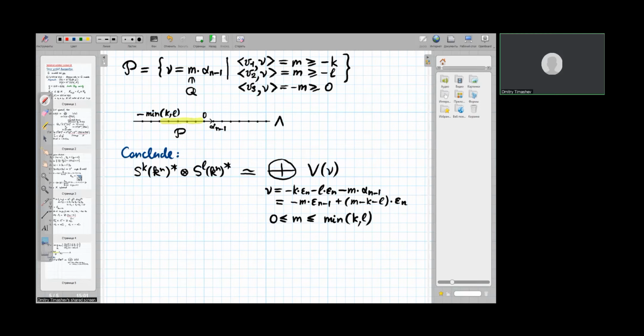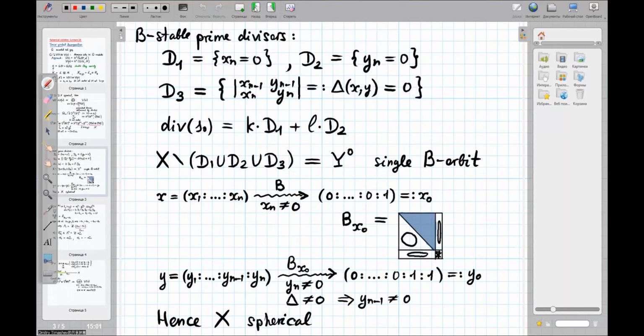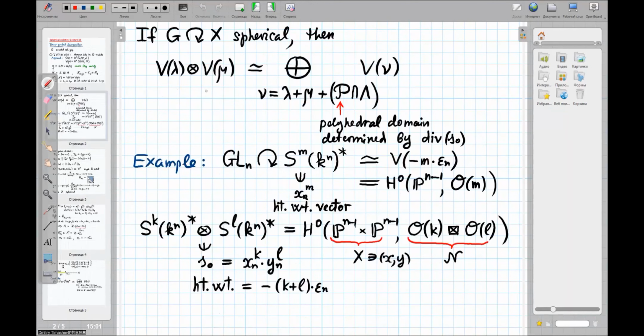Still, it is well known in representation theory. I mean, you do not need spherical varieties to prove it. There are many other ways to prove this formula, but I wanted to have this argument as an illustration of the general principle of how spherical varieties can be used to compute tensor product decompositions of this kind.